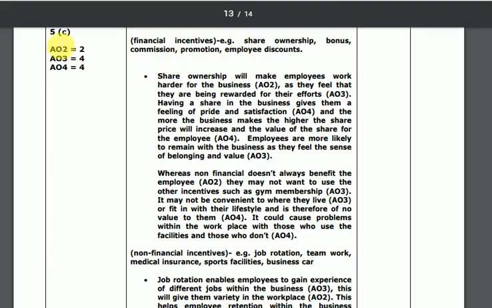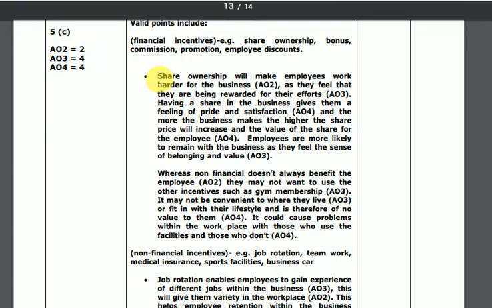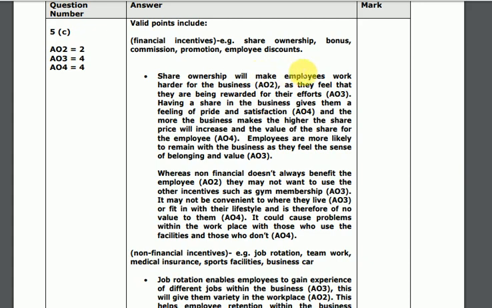So again, no AO1, don't define, go straight into your answer. Some reasons for financial incentives would be share ownership will make employees work harder as they feel they are being rewarded. Having a share in the business gives them a feeling of pride and satisfaction. And the more a business makes, the higher the share price will be, and the employees will be more motivated.